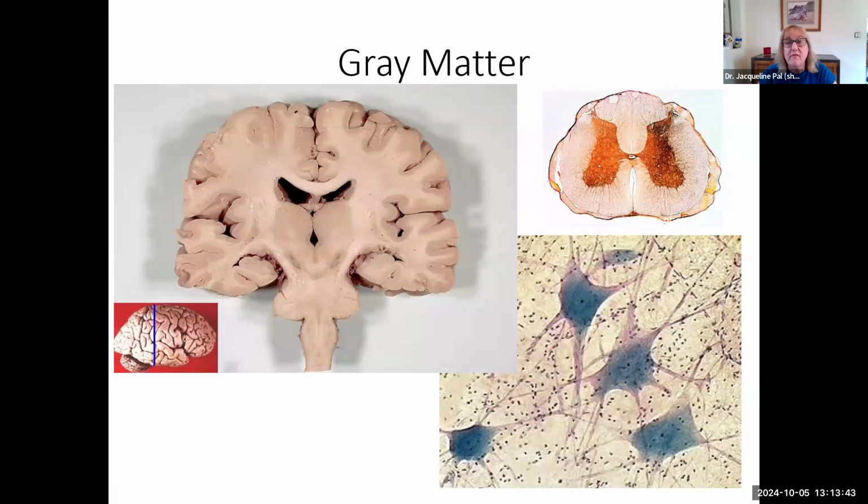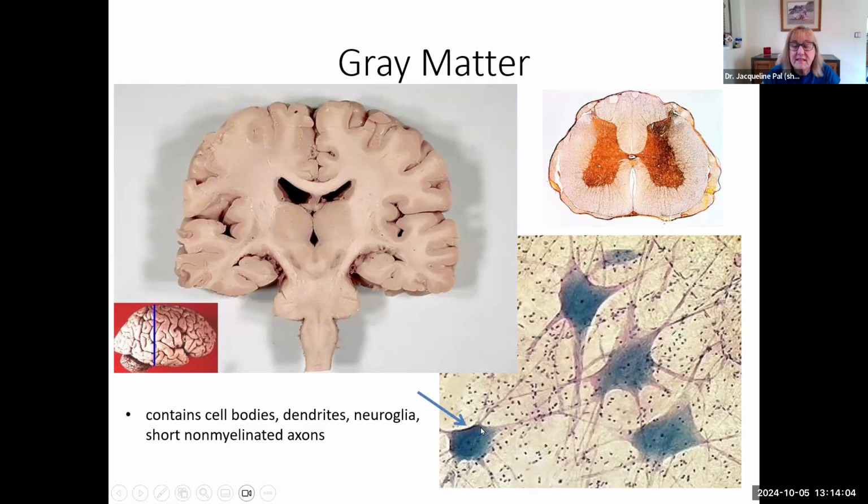And those parts of the brain that are the darker areas are known as gray matter. For some reason, we call them gray matter. They're not really gray, they're a dark tan, but for some reason we call them gray matter. And so what is this gray matter formed from? Well, it contains the cell bodies of the neurons.